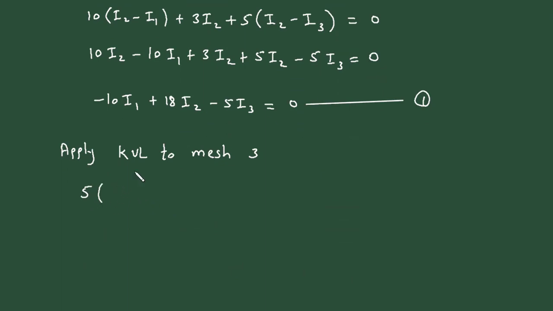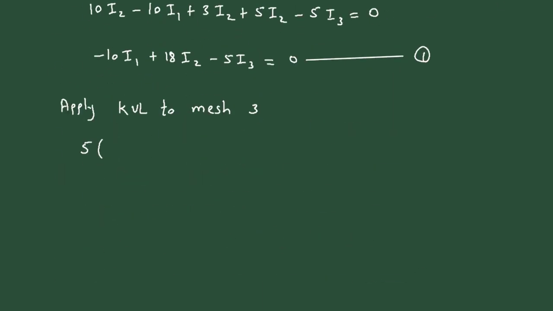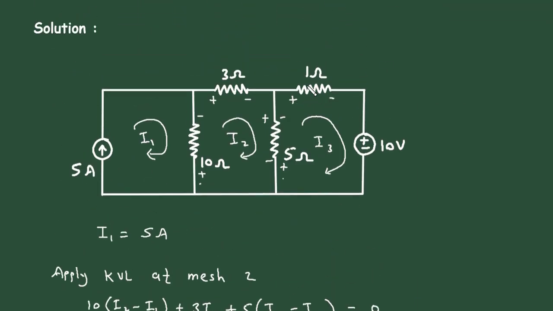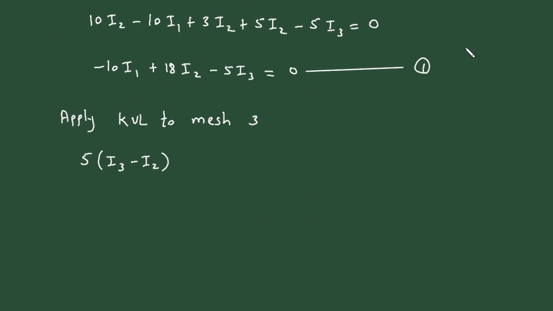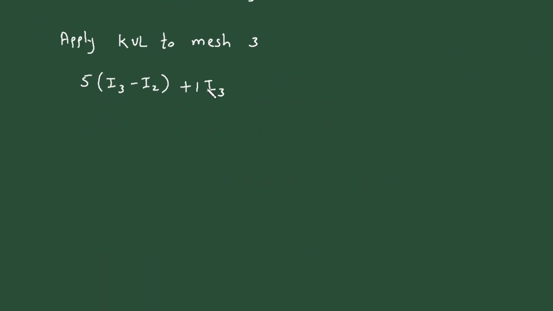Again this 5 ohm is in common in mesh number 3 and mesh number 2, and we are solving for mesh number 3, so it will be 5 times I3 minus I2. Then plus 1 I3. Then plus 10 is equal to 0.